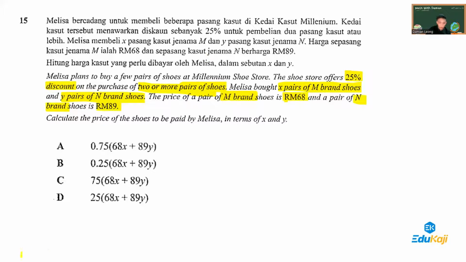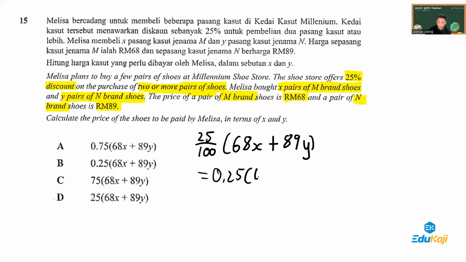So the total she has to pay will be 68 ringgit times number of M brand shoes plus 89 ringgit times number of N brand shoes, which is Y. And there will be a 25% discount. 25% always divide by 100. So 25% means 0.25 times 68x plus 89y, which is answer B.